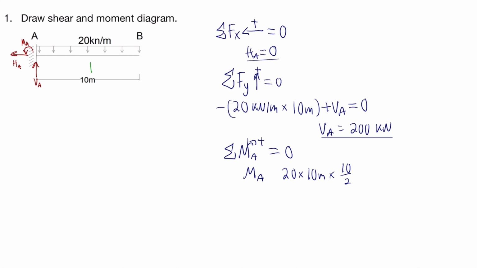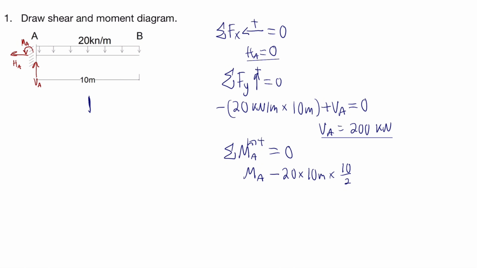Since the distributed load, if we combine it, will be halfway here as a point load, we take this distance here, which is 10 over 2 or 5. And that is the moment arm.